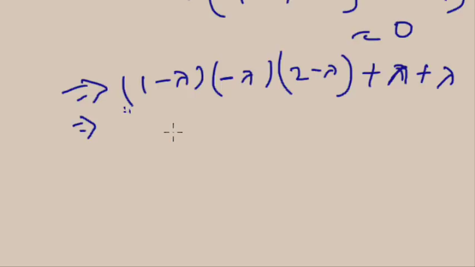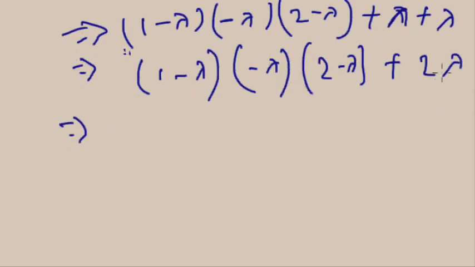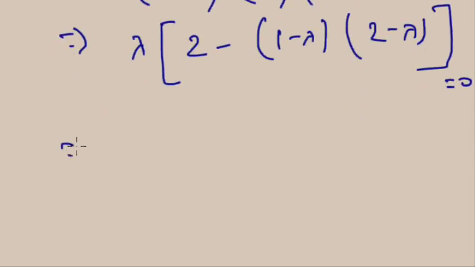This is equal to 1 minus lambda into 2 minus lambda plus 2 lambda. This means take lambda as common, lambda into 2 minus 1 minus lambda into 2 minus lambda, equal to 0.